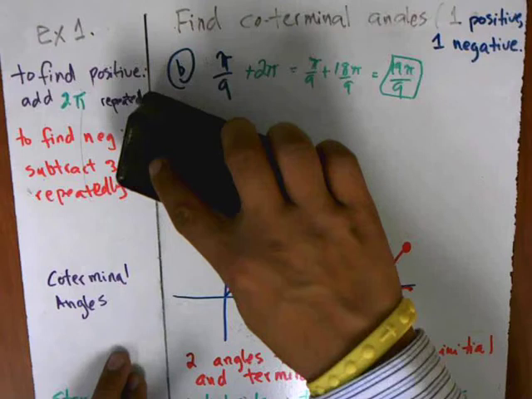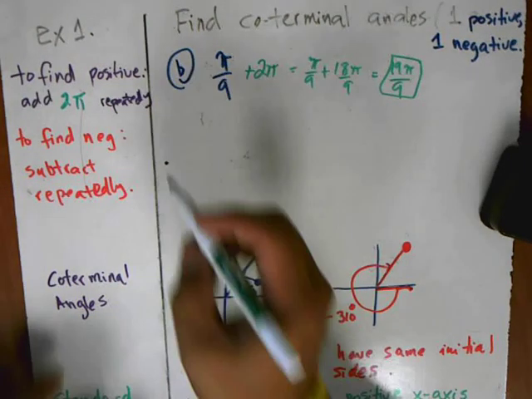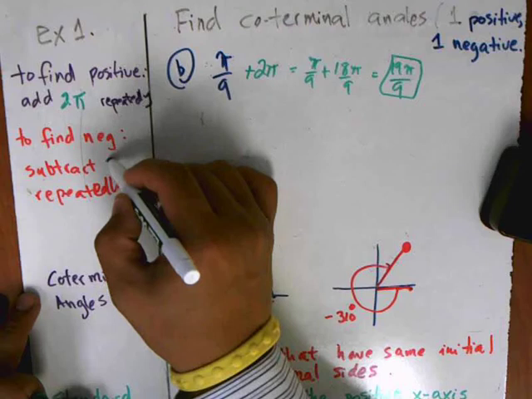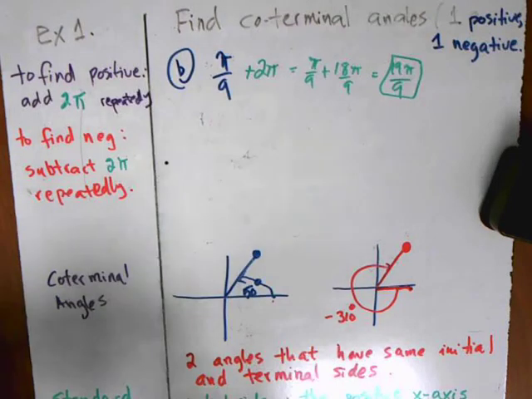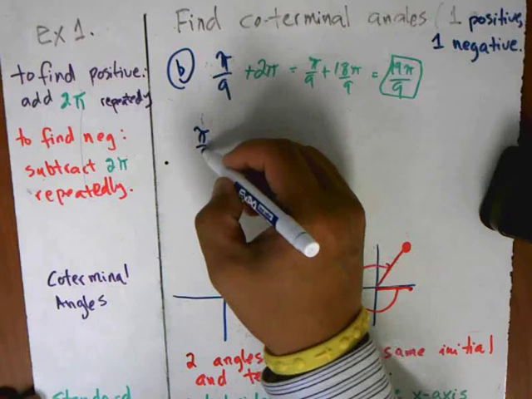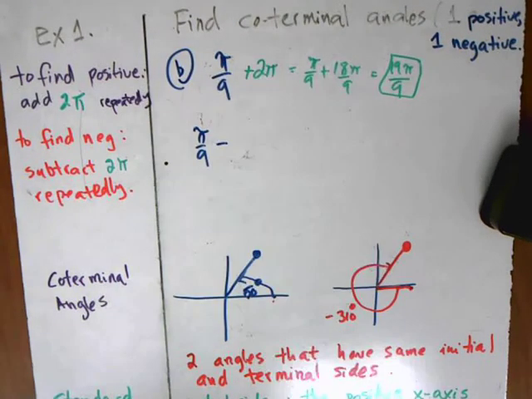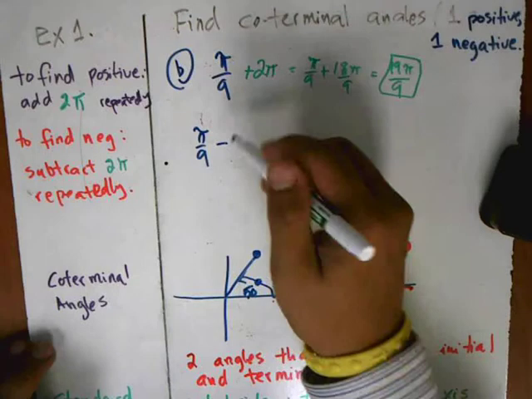Similar scenario, if I want to get a negative angle, instead of adding 2 pi, I subtract 2 pi repeatedly. So in our problem from before, if I want a negative coterminal angle for pi over 9, I subtract 2 pi from that.